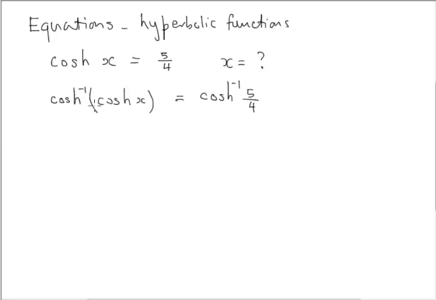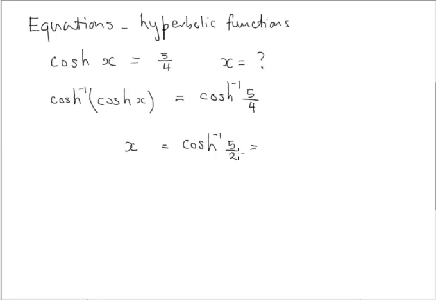What's going to happen here? Identity function, isn't it? What should you get here? x. So we get here x, then we've got cosh hyperbolic inverse of 5 over 4. That is the answer.